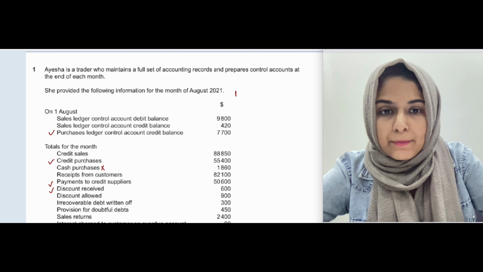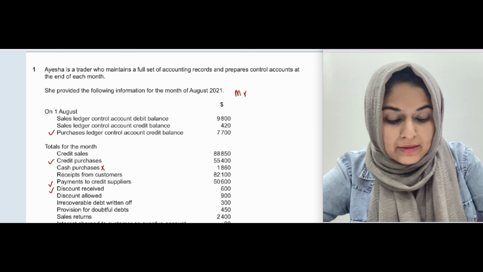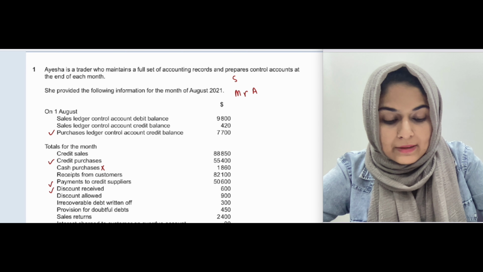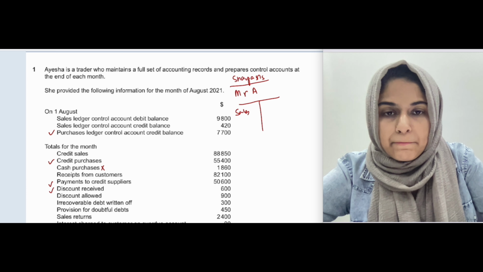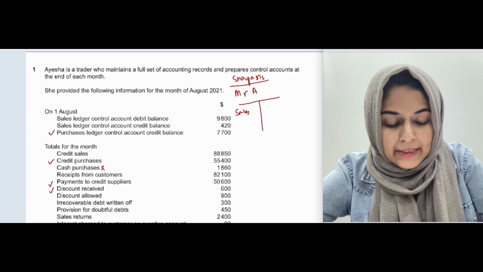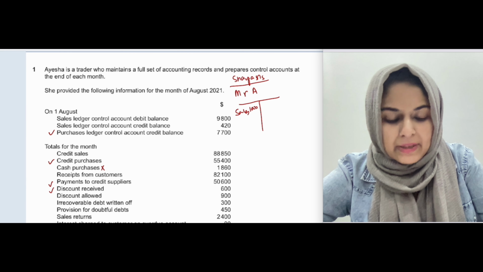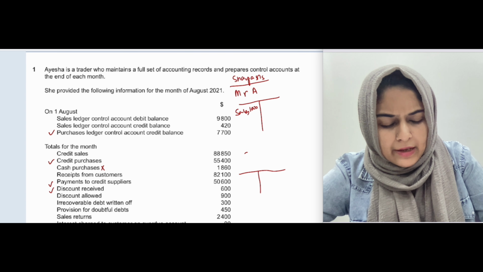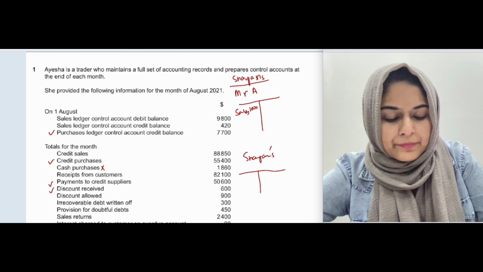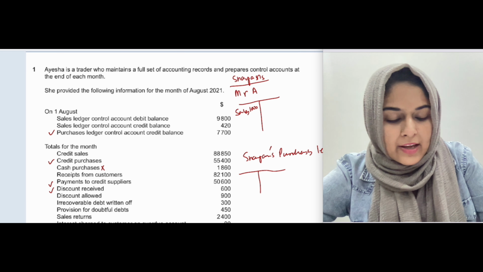So let's say my Mr. A is, so this is Shayan's sales ledger basically, और इसमें Mr. A का T account है और Mr. A को मैंने sales की है, let's say मैंने की है 1000 की sales Mr. A को.